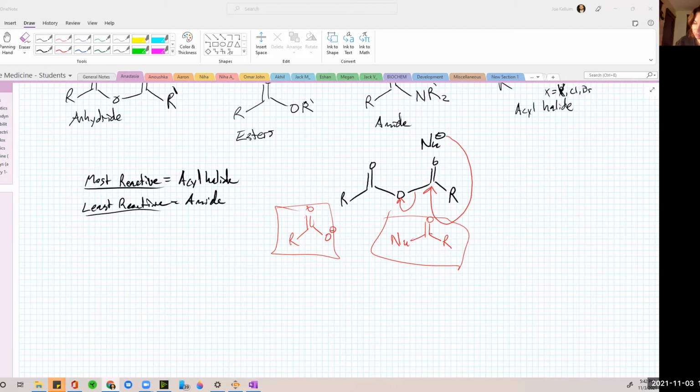My thinking, because this actually does matter to some degree, is that the ester might be somewhat less reactive than the carboxylic acid because your leaving group is either going to be, in the case of the ester, RO with a negative charge on the O, versus in the carboxylic acid case, just O with a negative charge, depending on whether you have an H or an R. So then you have to think, which of these two is the better leaving group, like what I was saying above, where you consider the acid and it being a conjugate base.